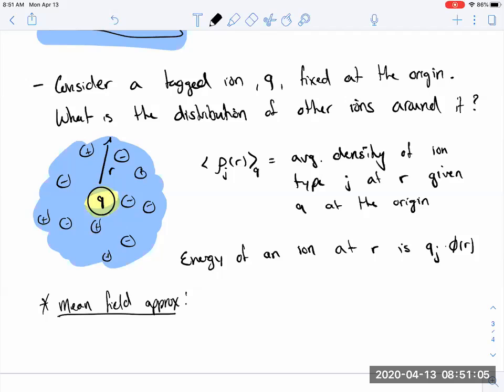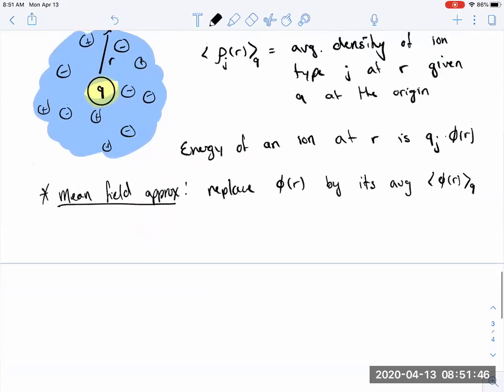So we simplified things by replacing a fluctuating quantity by its average. We're going to do the same here. We're going to replace a fluctuating electrostatic potential, fluctuating because the ions move around, by its average. And that average is going to be conditioned, dependent on a tagged ion Q being at the origin.